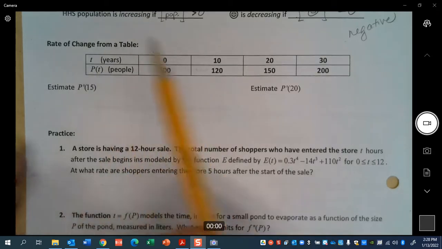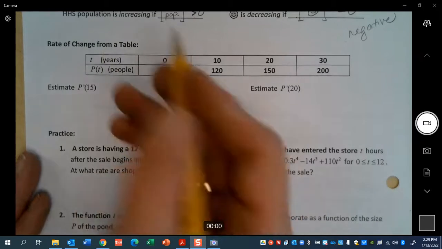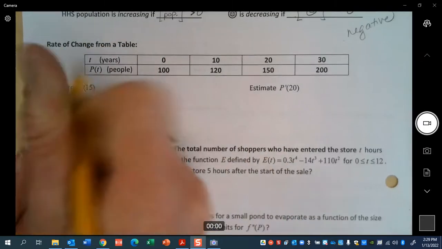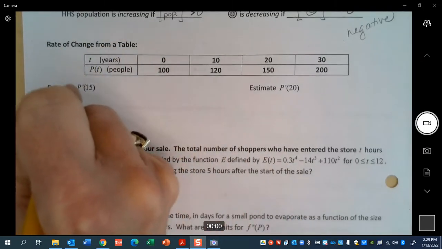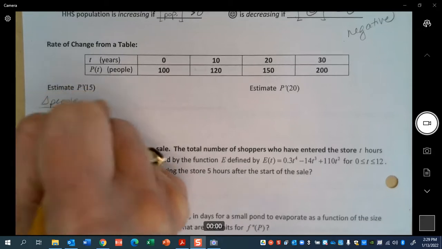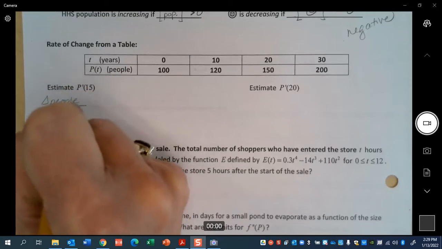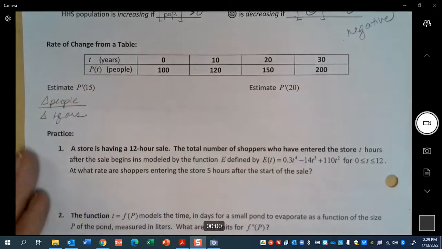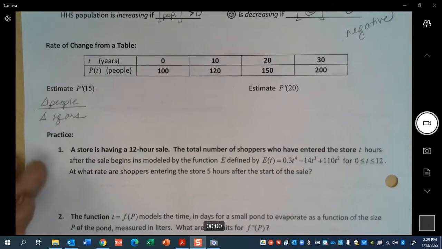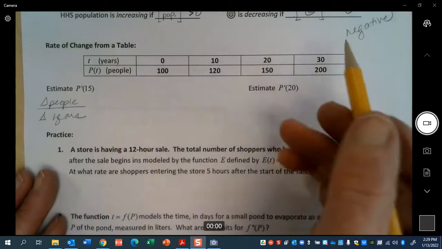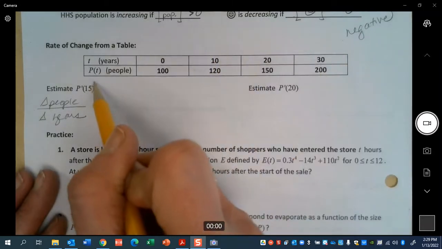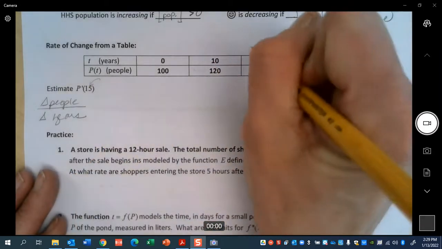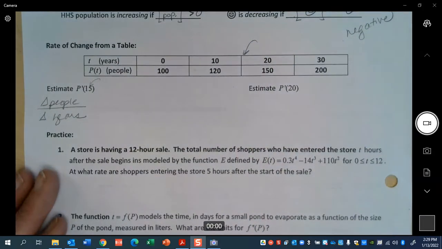All right, when I'm estimating the rate of change, I'm looking at the rate that the people are changing compared to the rate that the years are changing. So my people, if I'm estimating it for 15 years, that's going to be somewhere up in here.